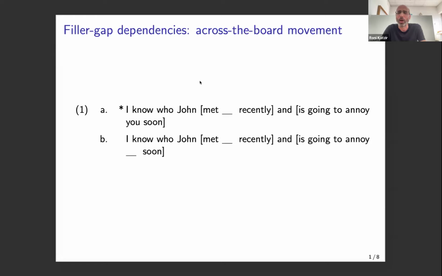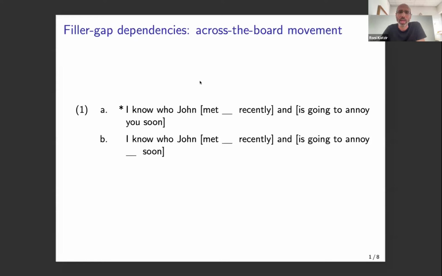The Wilcox, Futrell, and Levy paper looks at all kinds of different islands, among other things. And we looked at something sometimes referred to as across-the-board movement, which is basically that when you have a gap in one conjunct, you should have a gap in the other conjunct as well.